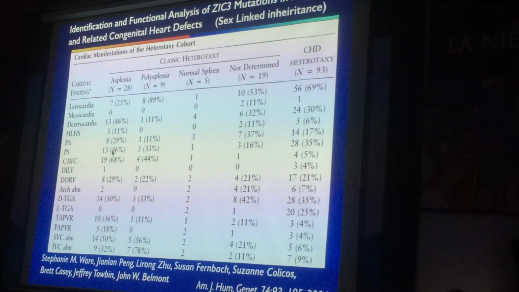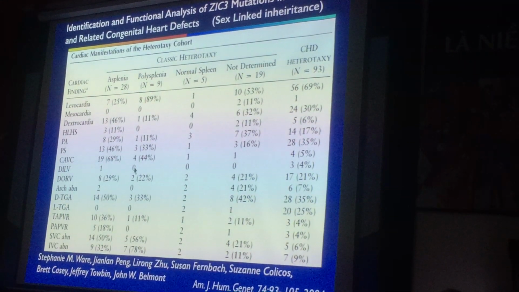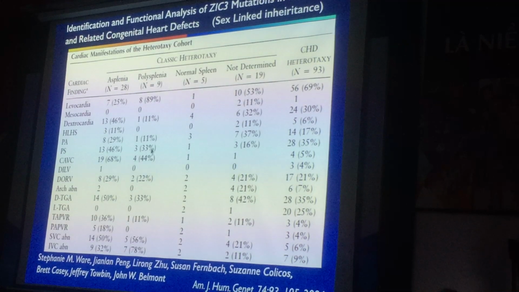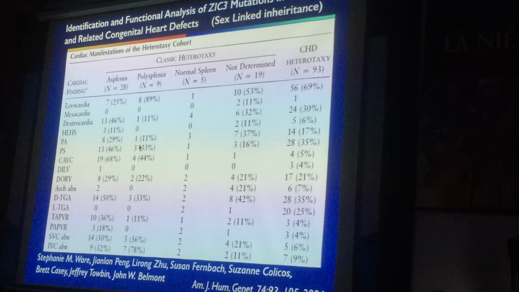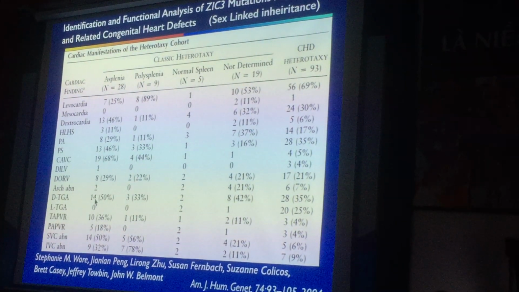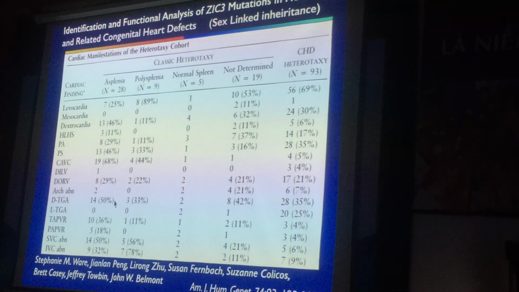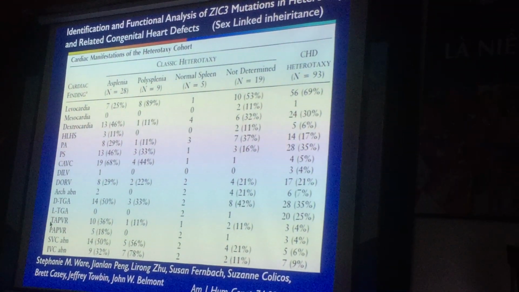Pulmonary stenosis in 50%, complete AV canal in 68 compared to 44%. Pulmonary stenosis did occur in 33% of these patients. Double outlet right ventricle, nothing, a wash both ways. D-transposition, much more common in right isomerism. L-transposition, none in either of those.